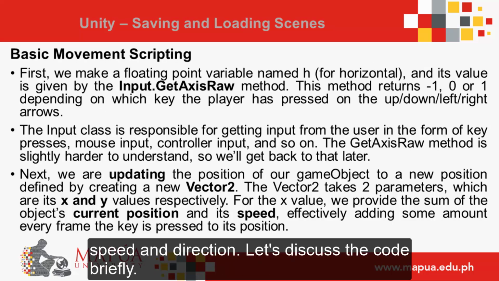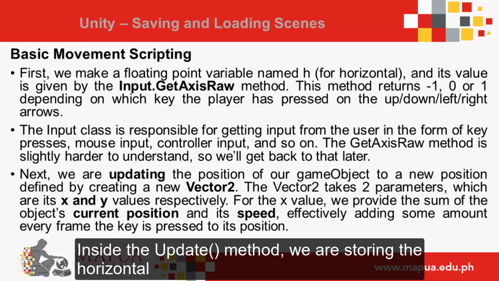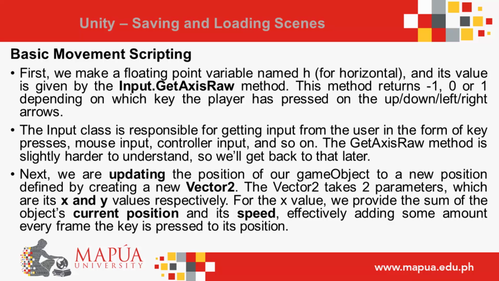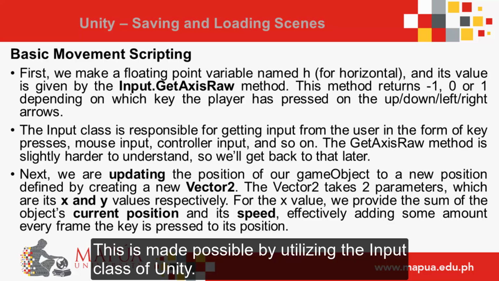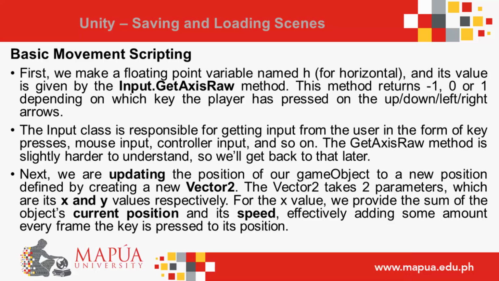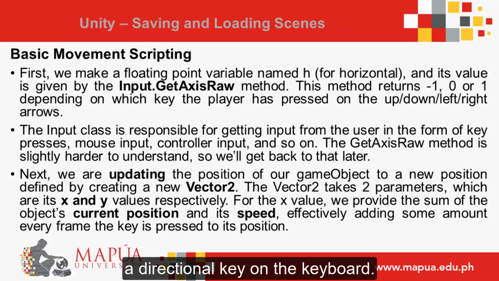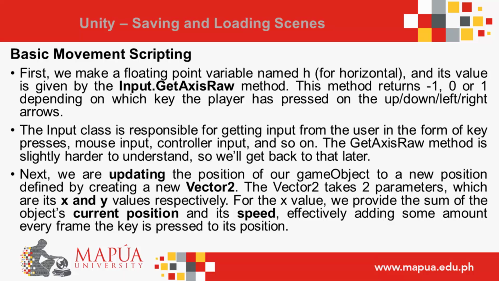Let's discuss the code briefly. Inside the Update method, we are storing the horizontal and vertical input inside variables h and v respectively. This is made possible by utilizing the Input class of Unity. These will be the user input and they will change when the player presses a directional key on the keyboard.